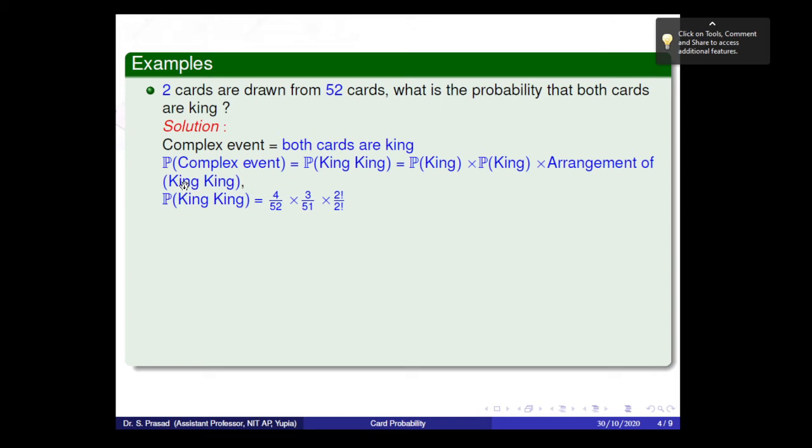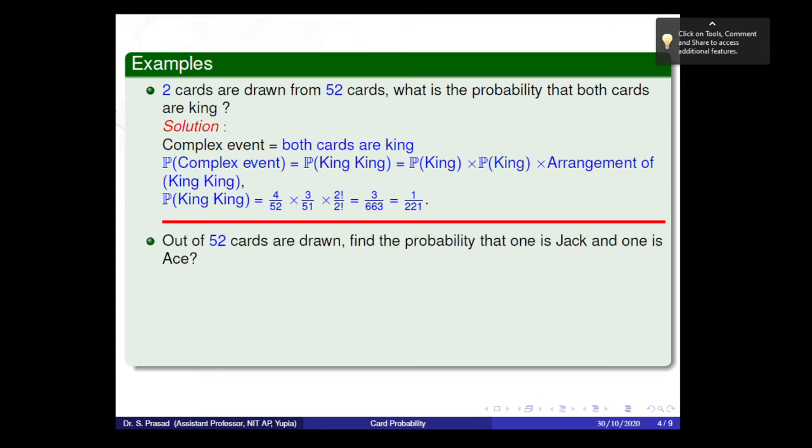What is the arrangement? The two words are king and king, so it is 2 factorial, but both are repeated, so we divide by 2 factorial. After calculation we get 1 by 221.